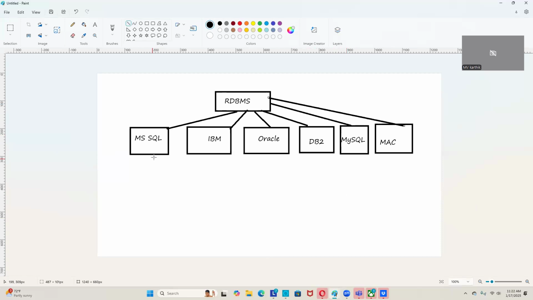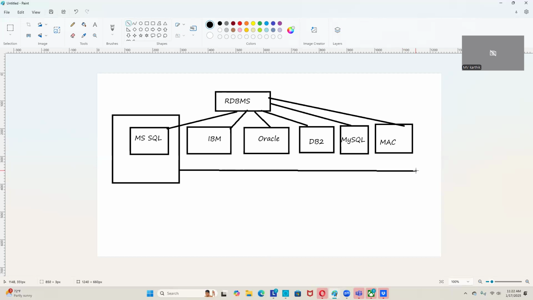Currently we are learning MS SQL Server. This is the pillar. If you learn one relational database tool, the others will be similar, with only minor command changes.